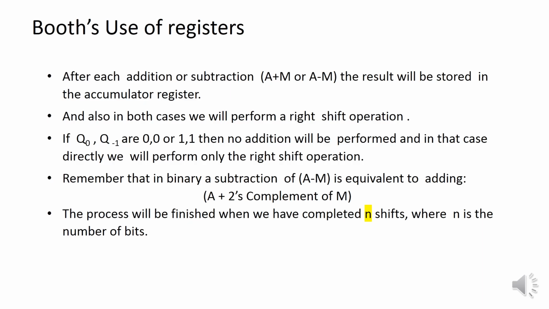In that case, we go directly to the right shift operation. Remember that in binary, a subtraction is equivalent to adding the 2's complement. And the process will be finished when we have completed n shifts, where n is the number of bits.